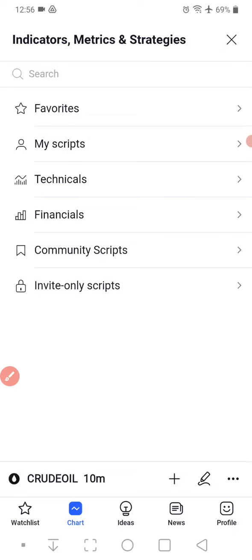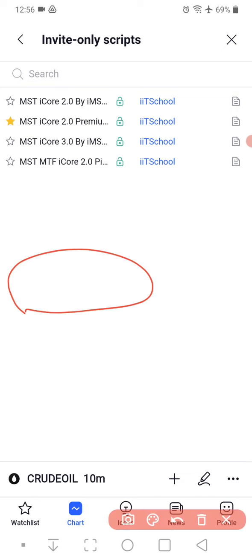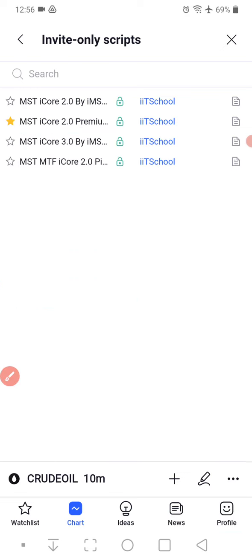Here our indicator will be available, MSTI ICO 2.0 Premium by the IIT School of Technology. Whichever you have subscribed, you have to add to your chart. How to add? Just double click on this indicator. That's all. It is very simple.